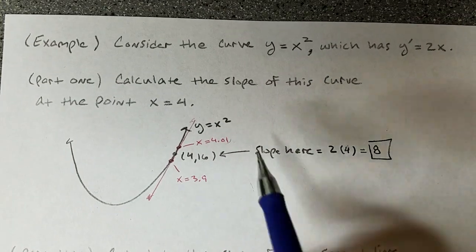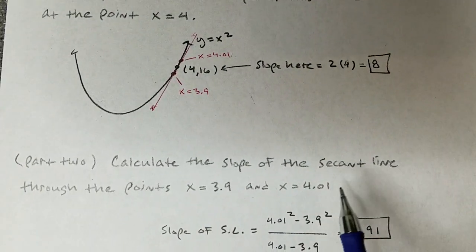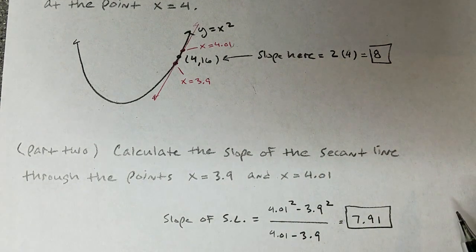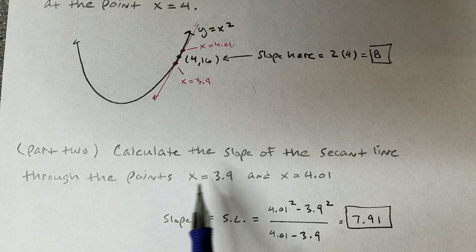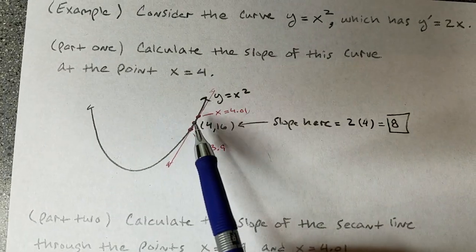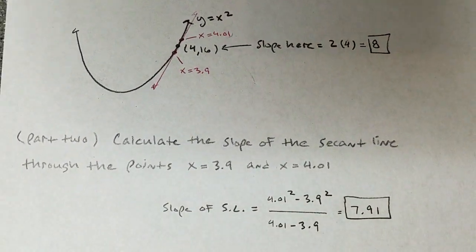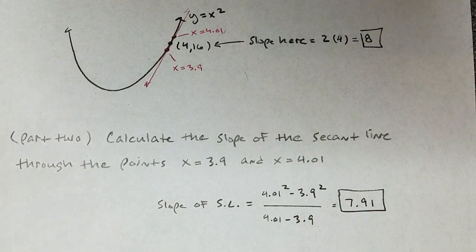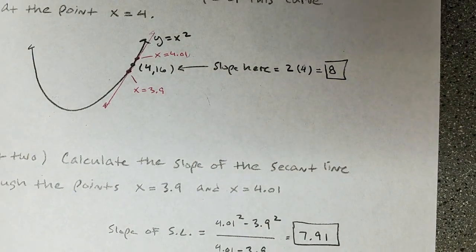So yes, the slope of a curve is related to the slope of the secant line to the curve, if the points are really close together, if these points are really close to that initial one. That's how we do it. All right, so next topic then.